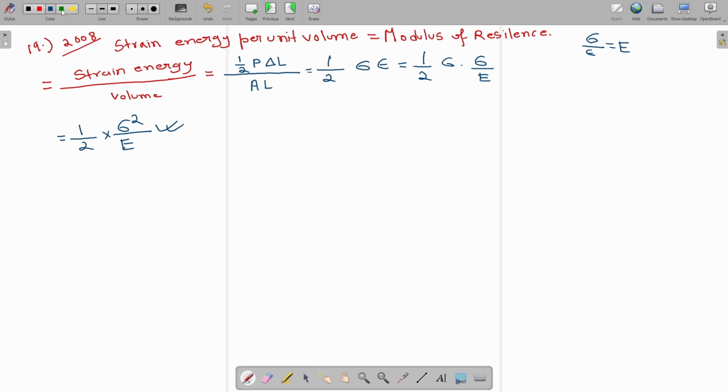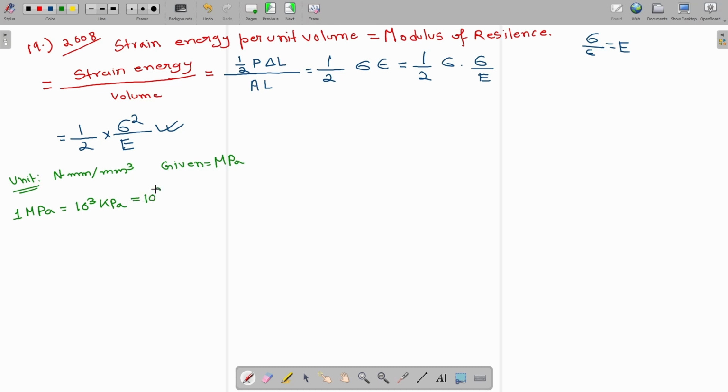Now for the unit, what is given here for the unit part? Our required unit is Newton millimeter per millimeter to the power cube. Okay, this is our required. But what is given to us is MPa. Now 1 MPa is equal to 10 to the power 3 kPa, kilopascal.